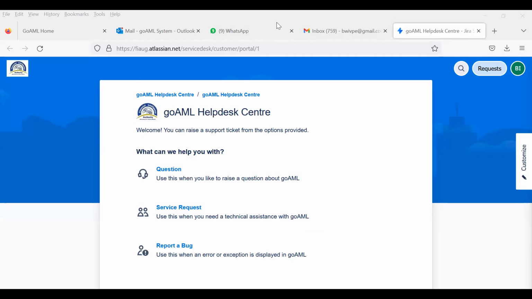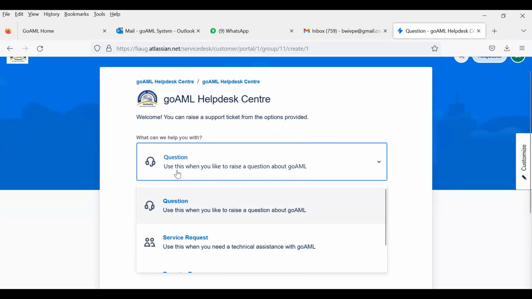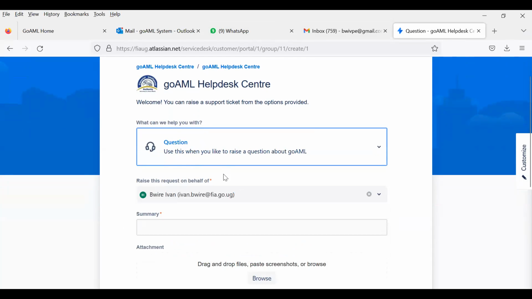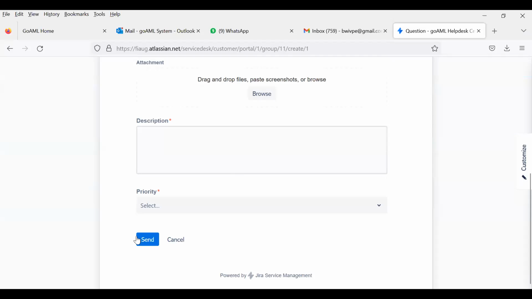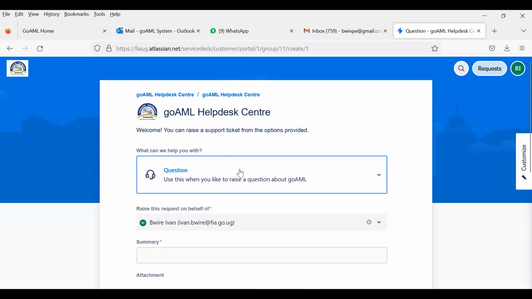Are you able to see my screen? Yes, please. Okay, perfect. So within here, you can raise a question, a service request, and then send it to us, and then we'll act on it.